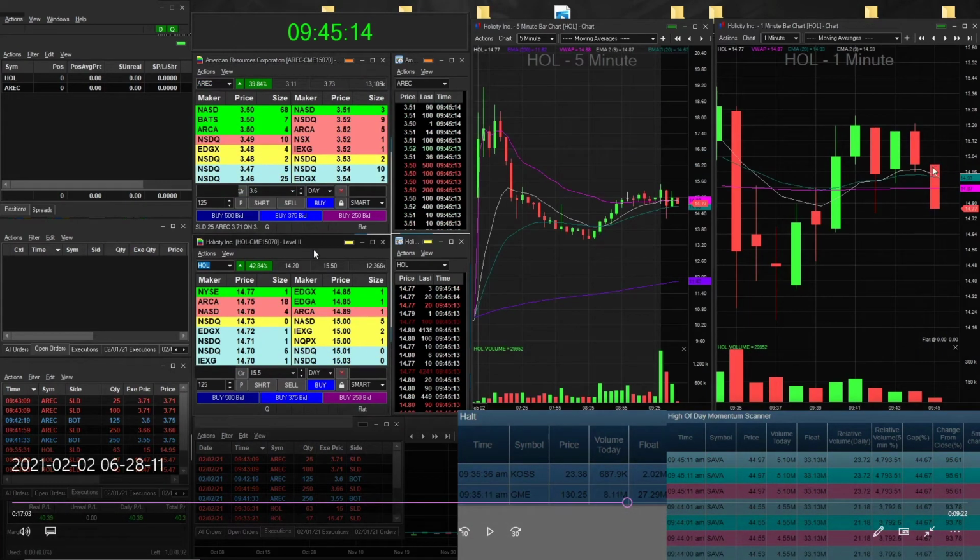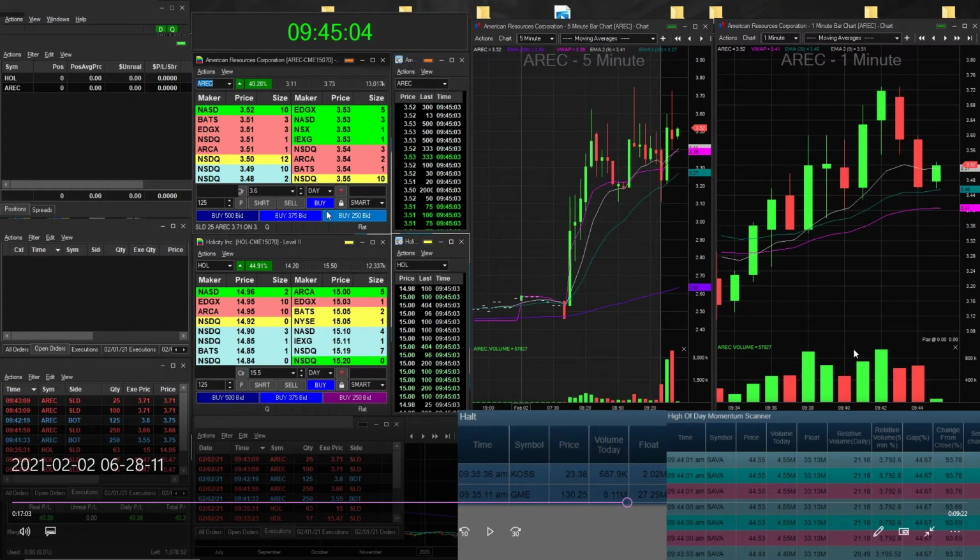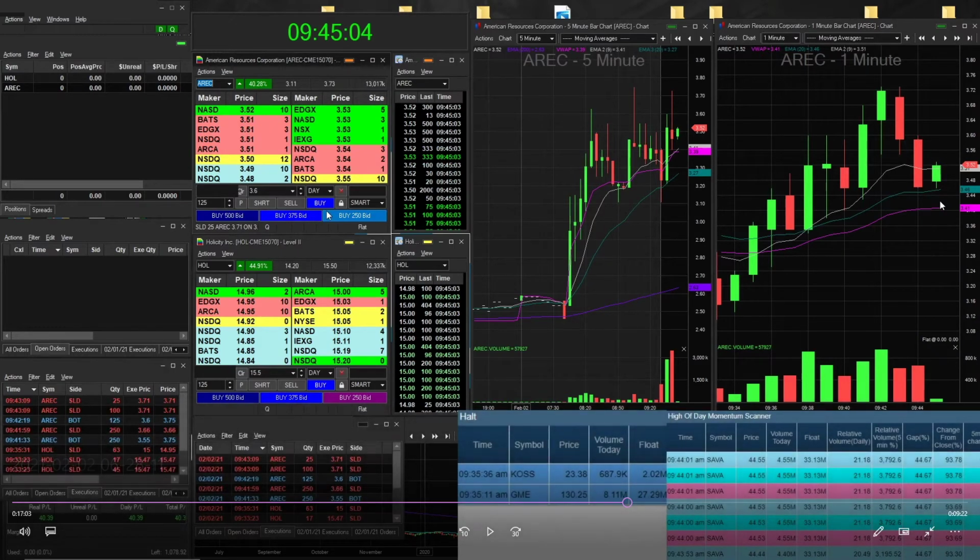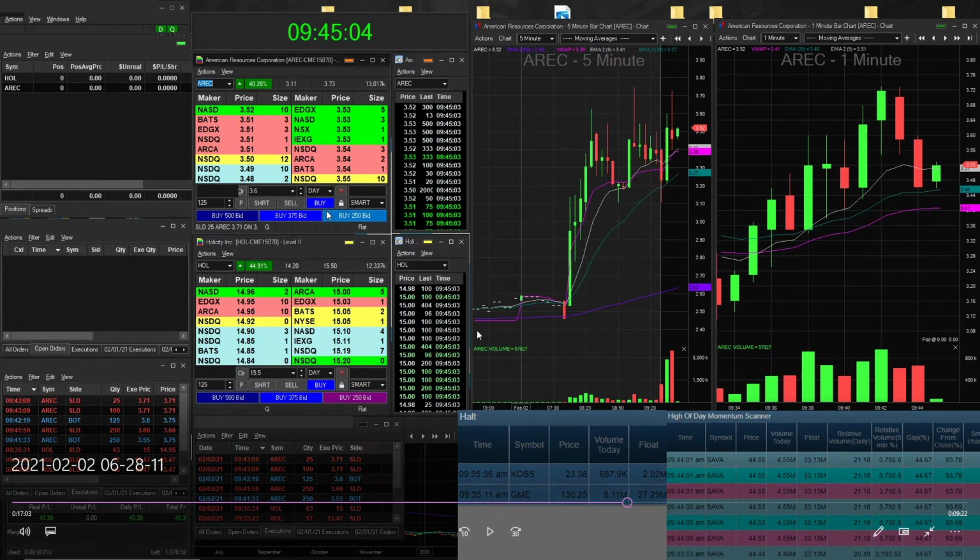So the reason I say that on AERC is the volume on these red candles is significant enough to have this move to 370 kind of be dead, and we're really close to VWAP, so we're actually looking for a flush on VWAP on AREC, and so that's why I don't think I actually come back to the stock until later today when it looks like it's bouncing off VWAP.